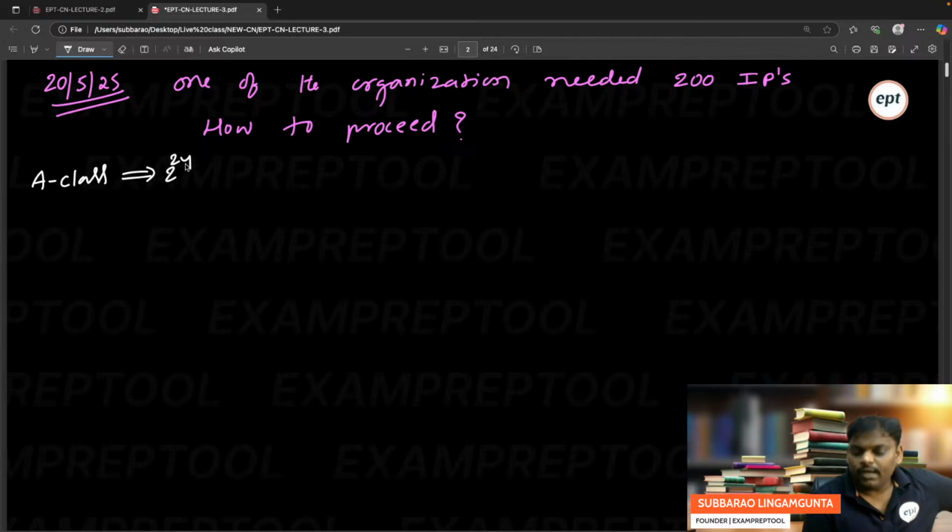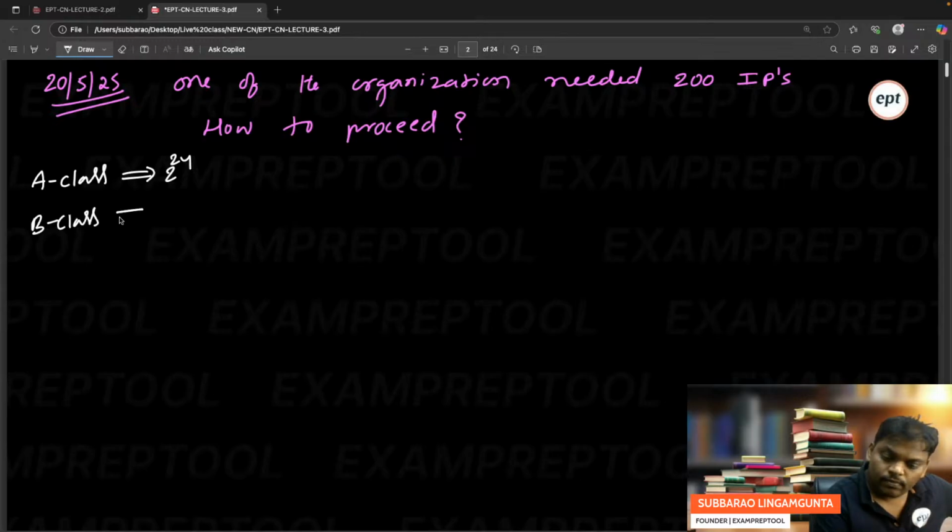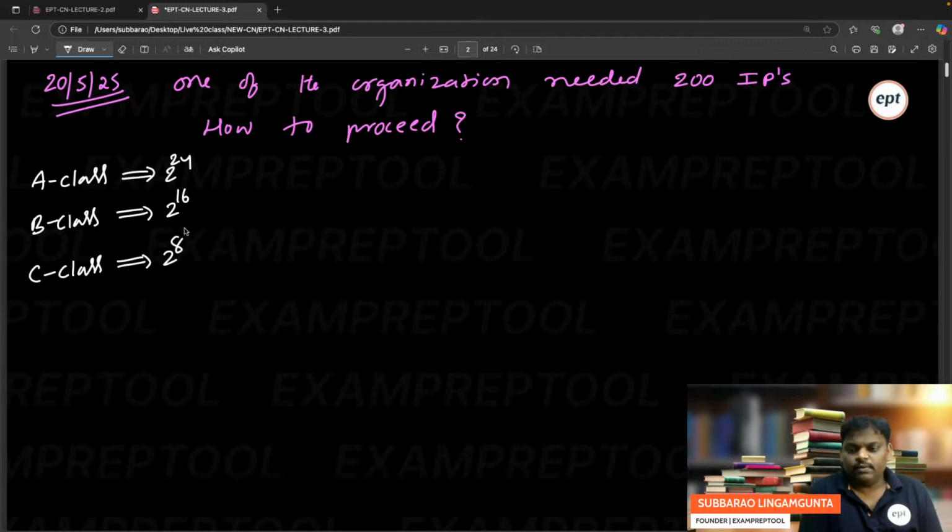If you go to B class, 2 power 16. One C class gives 2 power 8 IPs. But remember, I want 200 IPs.